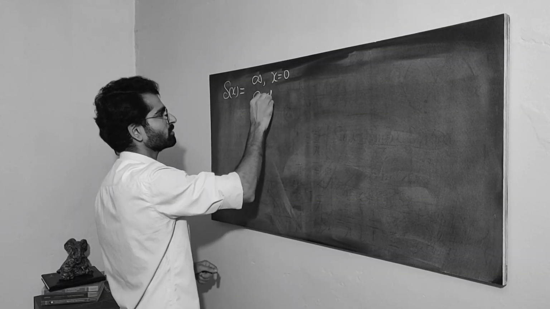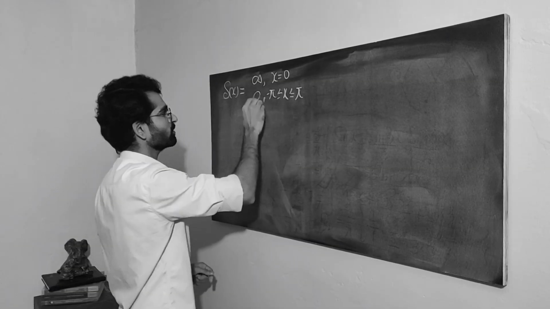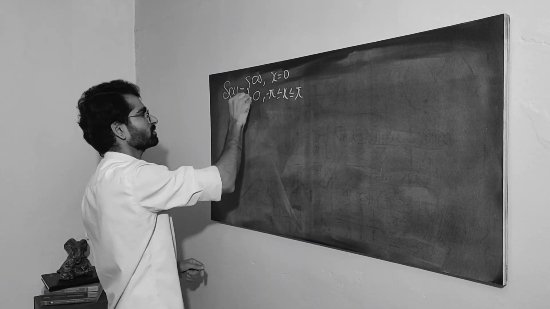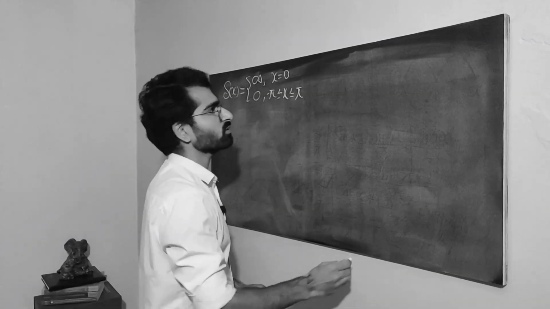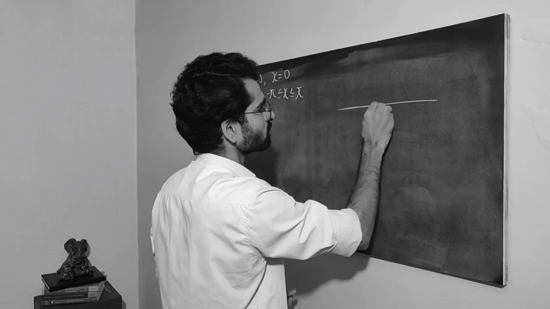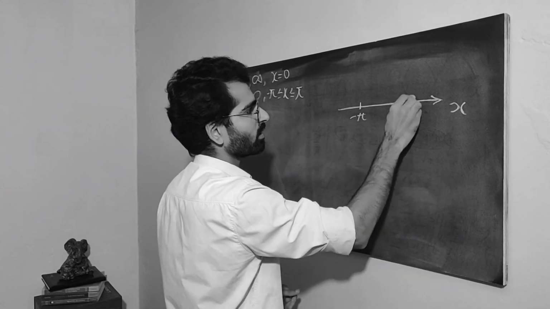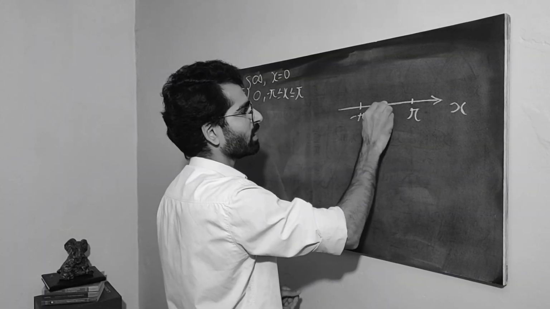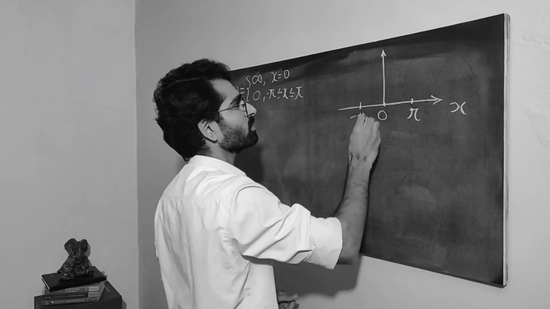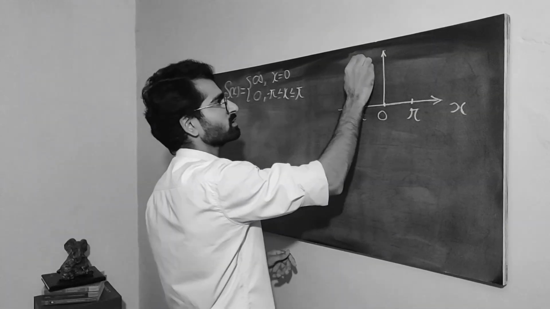So between minus pi to pi it's 0, but at x equals 0 it is infinite. And so let me draw you that. So this is x, minus pi, and right at 0 the function blows out. You have a spike. It gives you infinite. So this is the delta function.